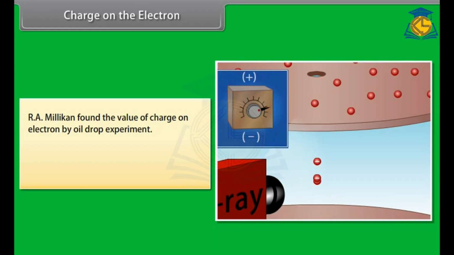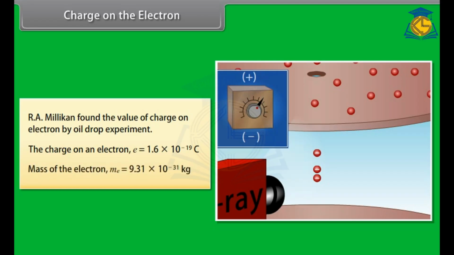The X-rays ionize the molecules of air. One or more electrons thus produced may be absorbed by an oil droplet. Thus, the charge on an electron e is equal to 1.6 into 10 raised to the power minus 19 coulomb. Mass of the electron, me, is equal to 9.31 into 10 raised to the power minus 31 kilogram.